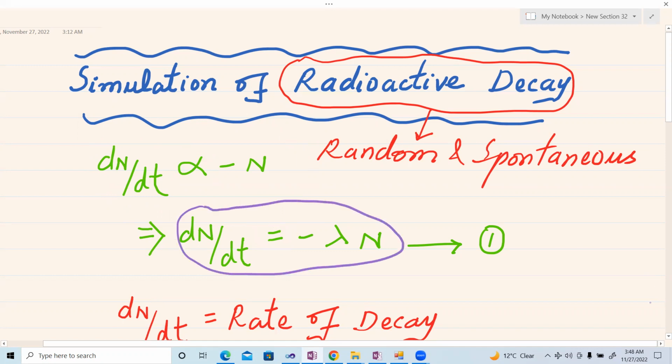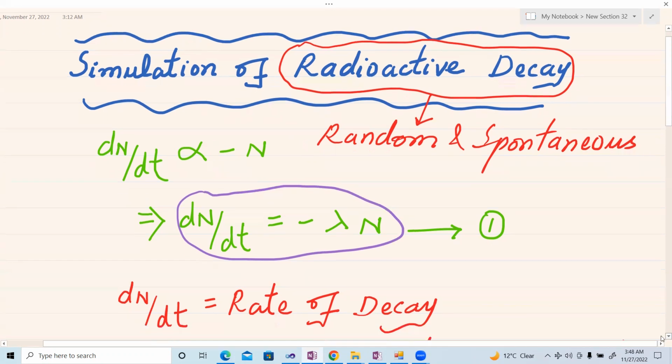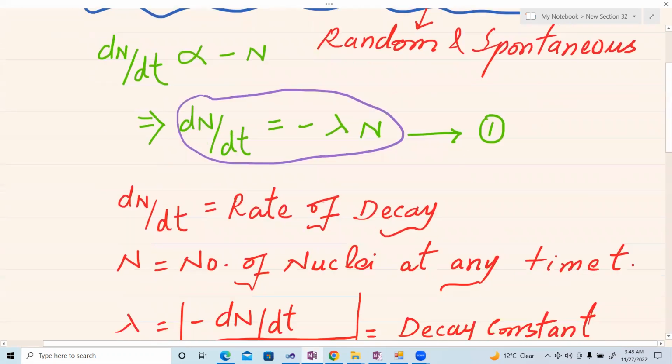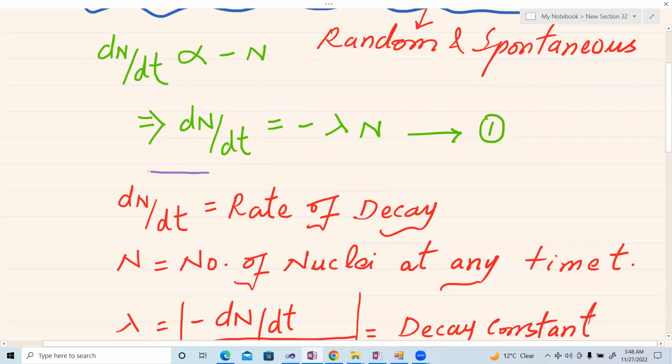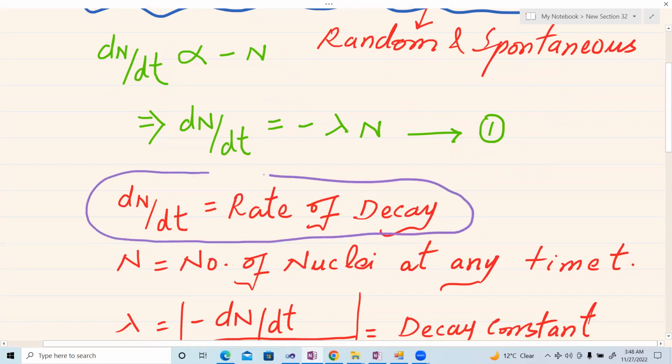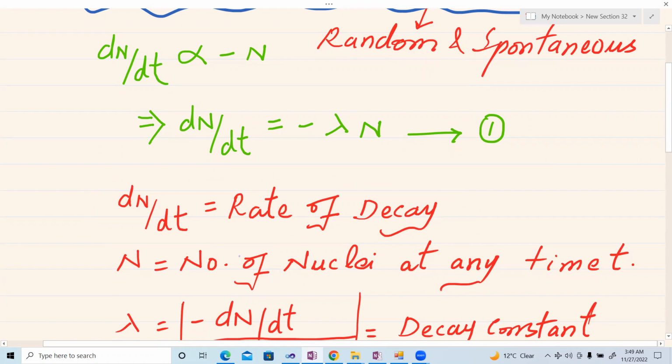Here dN/dt is the rate of decay, that means the number of radioactive nuclei decaying per unit time, how many nuclei decay in a unit amount of time. The unit amount of time might be second, millisecond, microsecond, the number of years, and so on.